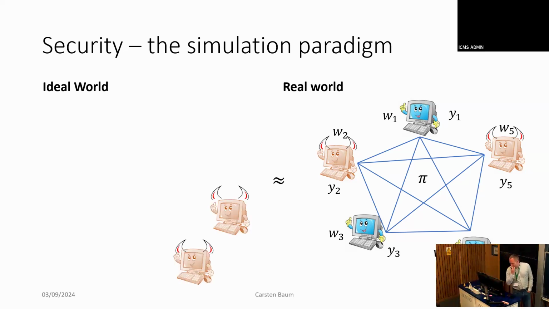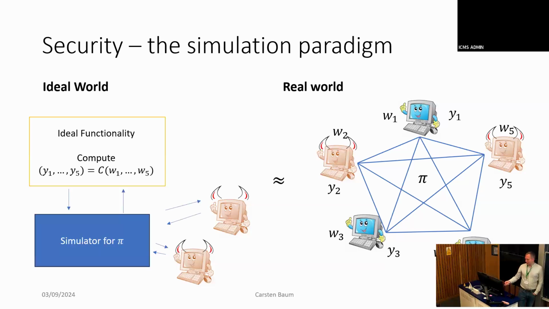And then there's the ideal world where our adversary has corrupted, for example, these 2 fellows here. But instead of having honest parties physically there as actual computers, these parties are simulated by some kind of simulator. As in the definition of a zero knowledge proof yesterday, where we simulated the prover, now we're simulating the other parties that are there.